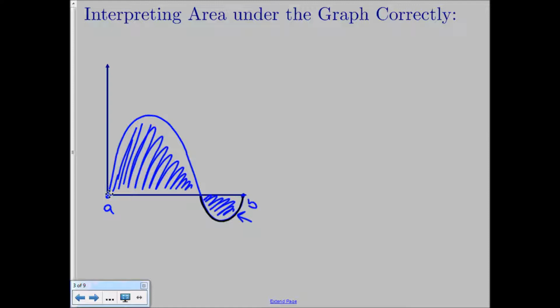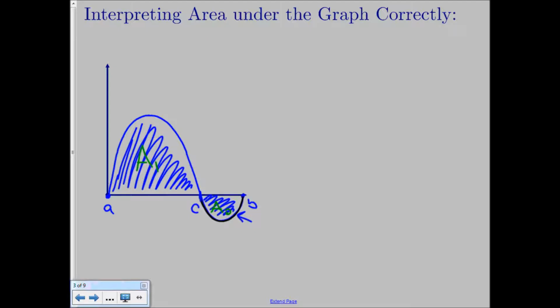So if we first define this point here in the middle where they cross from positive to negative y values, let's let that be point C. So what we're going to do now is label this as A1 because we'll let it be our first amount of area, and A2.